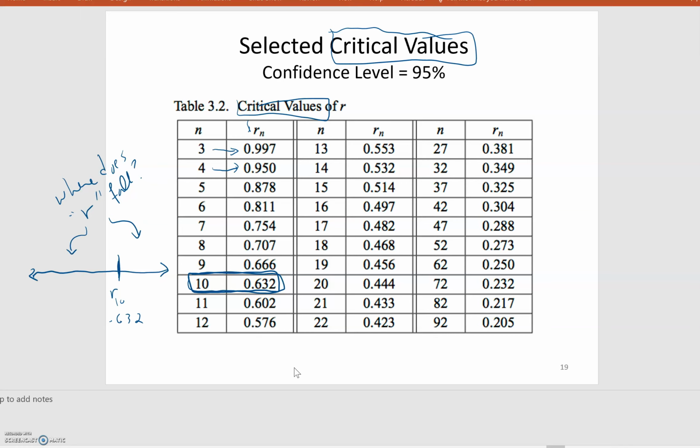If it falls over here, then it exceeds this value, and so we would say we are 95% confident that it is linearly correlated.